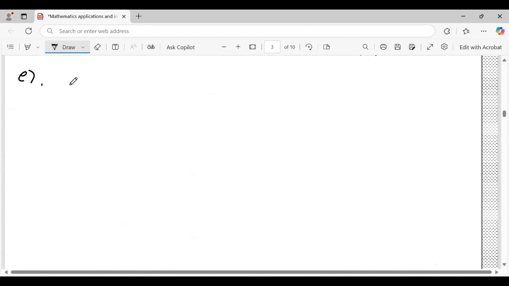If we construct the triangle like this, okay.